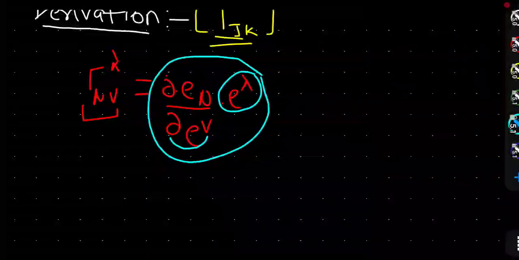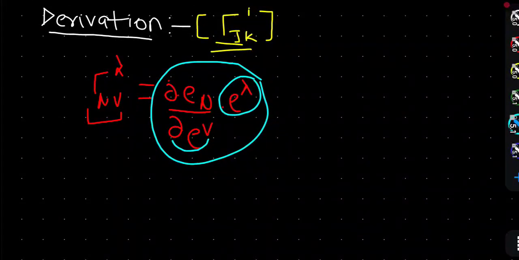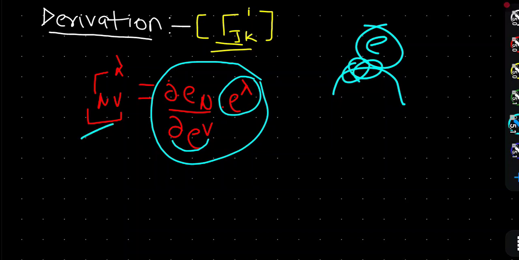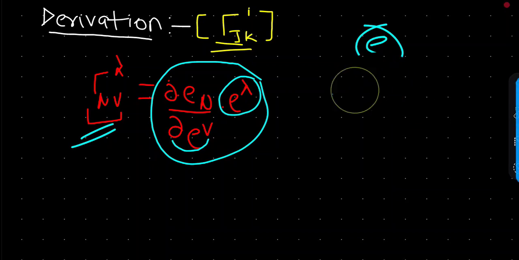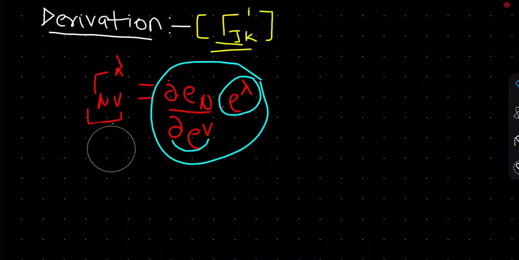I guess you all know now why there is a necessity for this Christoffel symbol in general relativity, and why it is so important when dealing with curved spaces where your basis vectors are not perpendicular and not equal. They change from one point to another, and that change is captured by the Christoffel symbol. So this is the basic meaning of the Christoffel symbol.